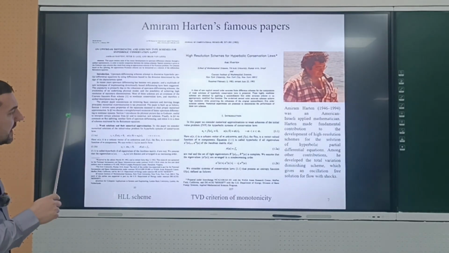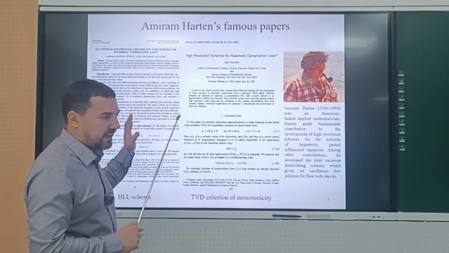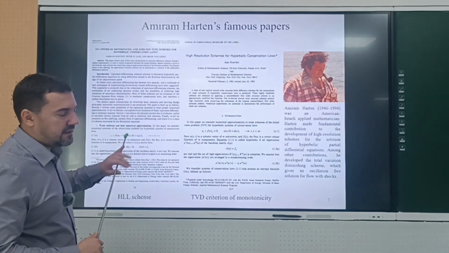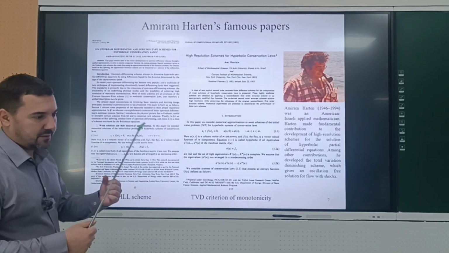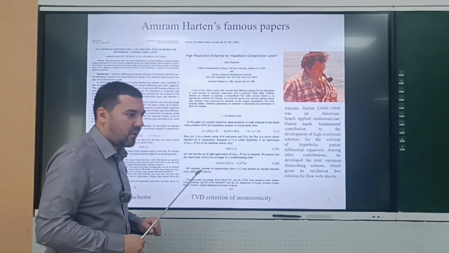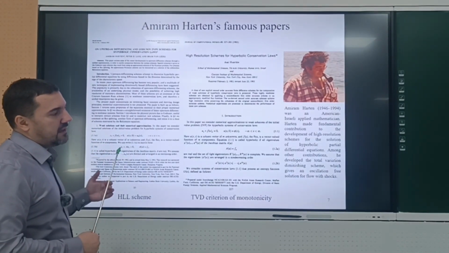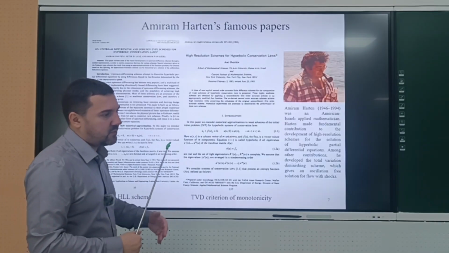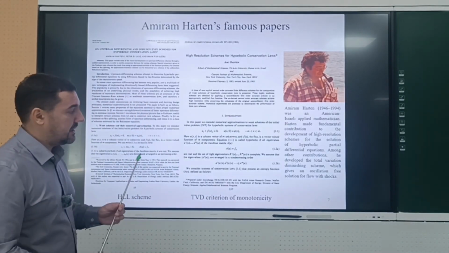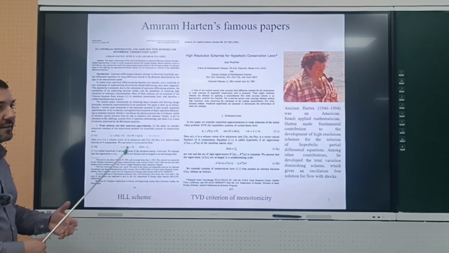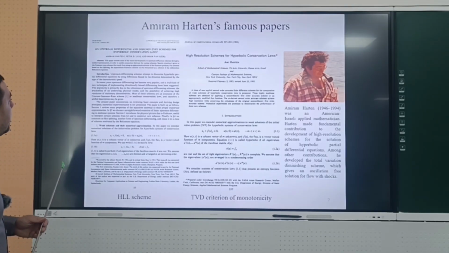Actually, as in many cases, this paper does not contain the ultimate formulas that you can take and implement in your code. It's not very easy to read this paper. In subsequent papers by different authors, they provided all the necessary formulas. For example, in the Toro book, you can find the final formulas that can be implemented in code.